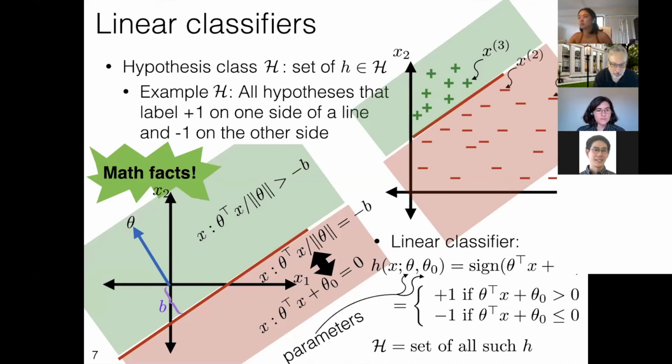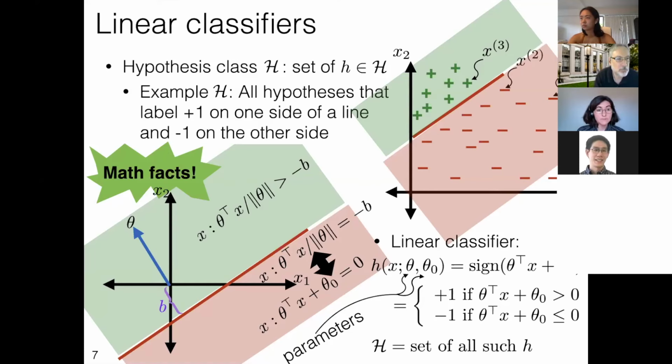And now our hypothesis class, H. We said at the beginning of the slide, a hypothesis class is a set of hypotheses. That makes sense. I mean, it's almost tautological. It's a class of hypotheses. But then we wanted to define a particular hypothesis class that was all the hypotheses that label +1 on one side of some line and -1 on the other side.